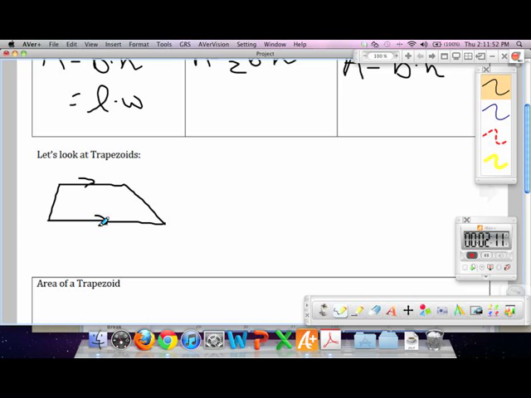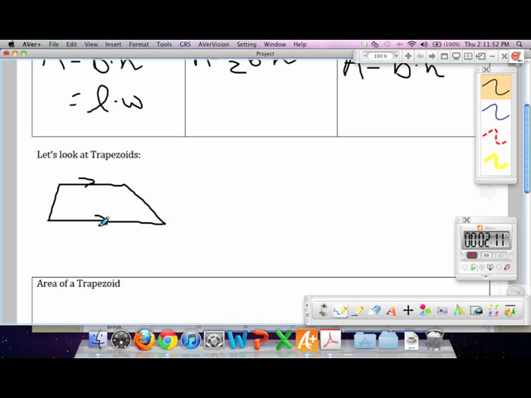is B1 plus B2. What's the formula for the area of a parallelogram? Base times height. So the area of the new parallelogram is the base, which is B1 plus B2, times its height.